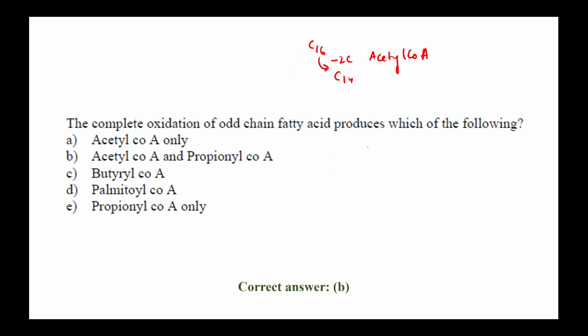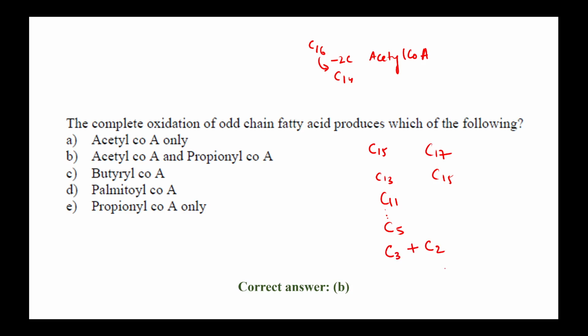Now, if we have an odd chain fatty acid, let's say 15 or 17, once two carbons are removed, how many will be there? C13, or in this case C15, then again 2 will be removed, then it will be C11, and if this cycle keeps on continuing, after some point you will get C5, and from this, if I now remove 2, you will get C3 plus C2.